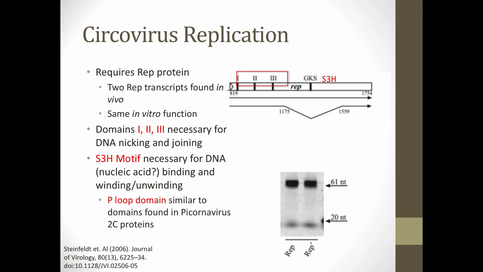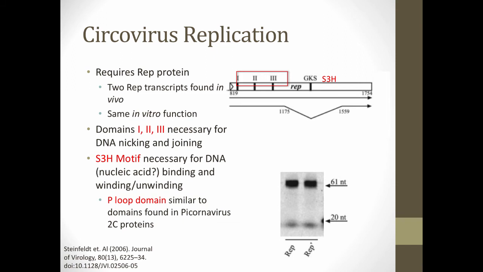All right, so we'll briefly look at rolling circle replication now. This is applicable to the circoviruses and the Geminiviruses. So for circovirus replication, one protein is totally required, and that's the rep protein. You actually find two rep transcripts when you look at infected porcine cells in vivo.